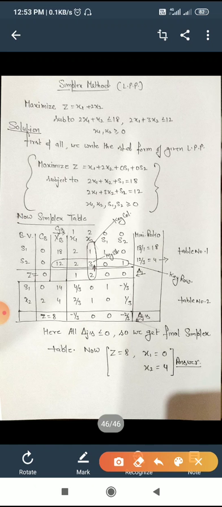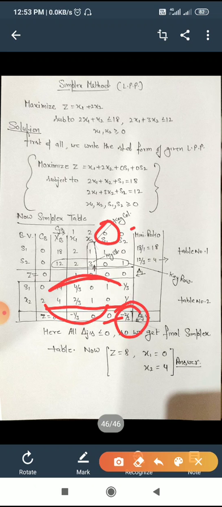The next value: 2 into 0 plus 0 into 1, subtracted from 0, gives 0. Next, 2 into 1 upon 3 plus 0 into this gives 2 by 3, and 0 minus 2 by 3 is minus 2 by 3.